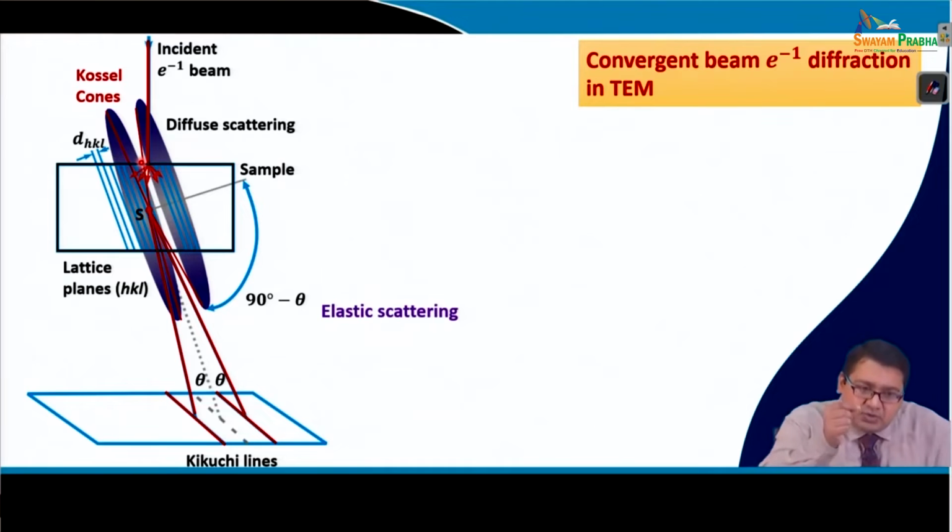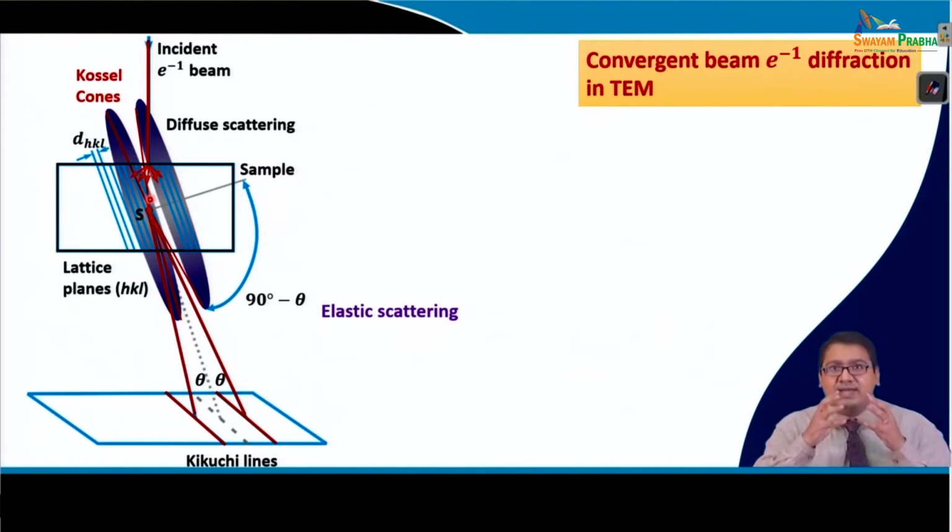So, when the incident beam falls on the specimen and interacts with atoms in a periodic arrangement, it interacts with atoms multiple times, and when it scatters multiple times, it is as if the electron beam is coming from inside of the specimen, in all possible directions.